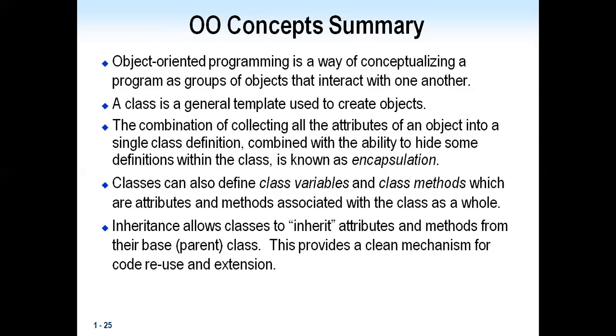These are the main concepts, or the main elements, used in object-oriented programming. Based on these elements, we are defining different types of relationships in UML, that is Unified Modeling Language.